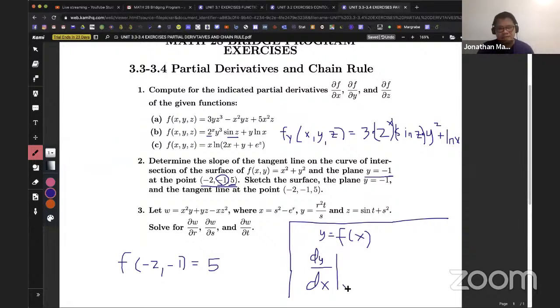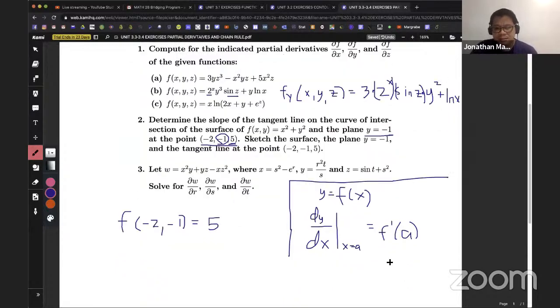in-evaluate natin at a specific point, let's say, at A, so that will be f prime of A. That value, f prime of A, is actually the slope of the tangent line at the curve, the slope of the tangent line of the function at the point A, f of A. So meaning to say, just get the derivative of the function, evaluate the derivative at a specific point at x equals A, then you get the slope of the tangent line.